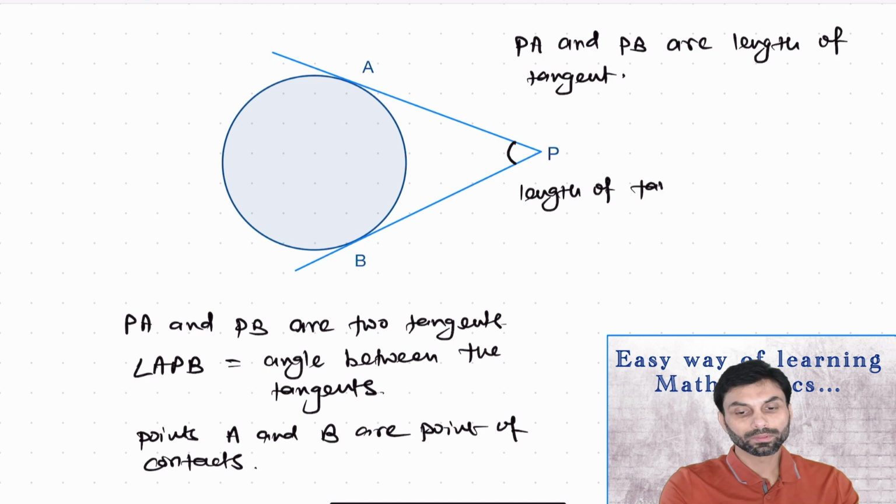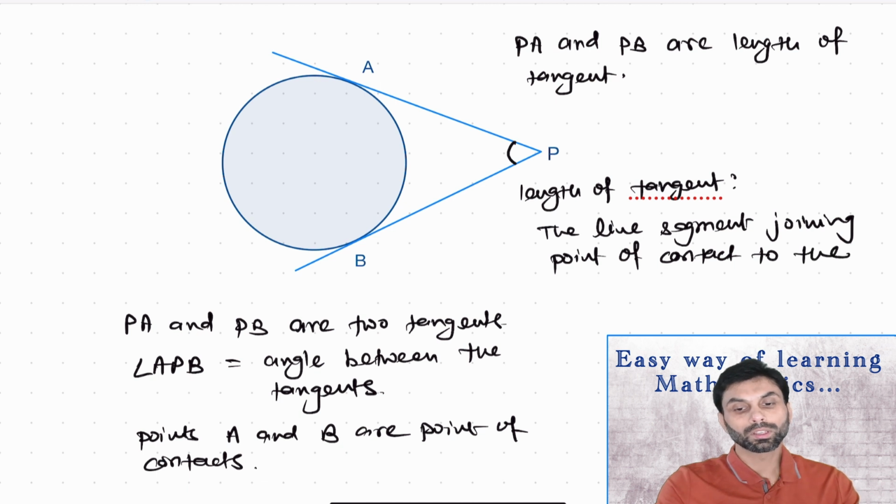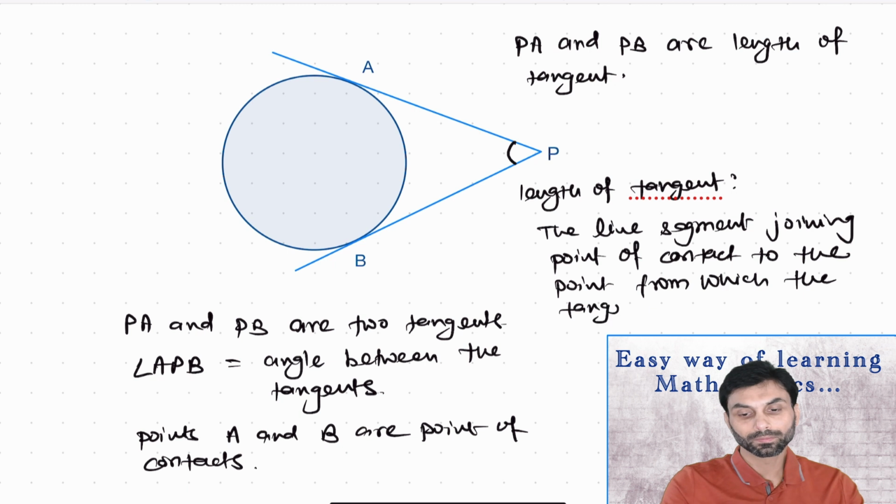So length of tangent is the line segment joining point of contact to the point from which the tangent is drawn.